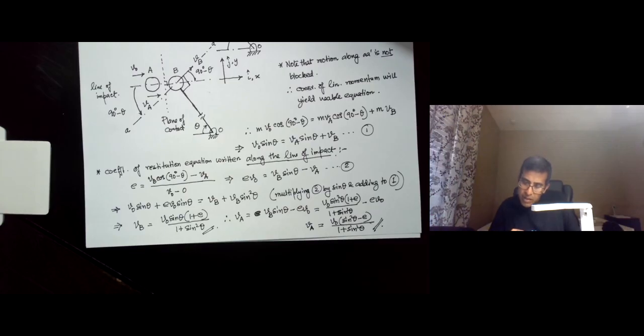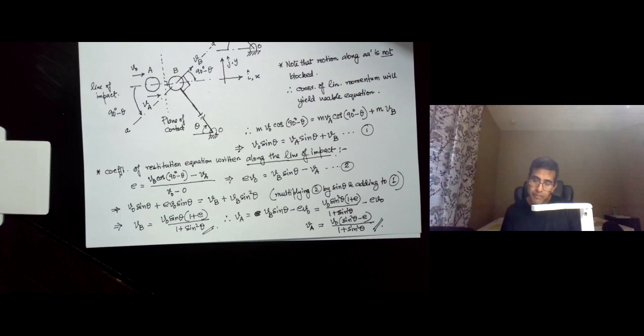So let's just quickly check if this is good. EV naught sine squared theta will get cancelled. We'll have this and we'll have V naught. Yeah, this is good. So that's the velocity of particle A. So that's our solution to this problem.